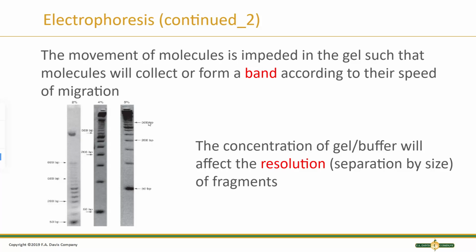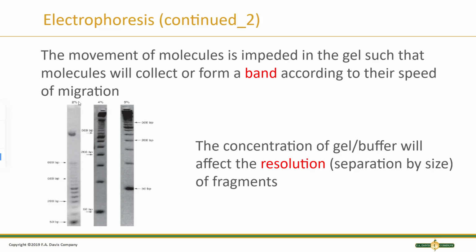If you have 20 people in a crowded room versus 100 people in a crowded room, with a higher concentration of people, it's going to be harder to get through. Same thing happens when we're looking at the percentage of gel. Most gel, when resolving DNA, is going to be from 0.5% to 5%.